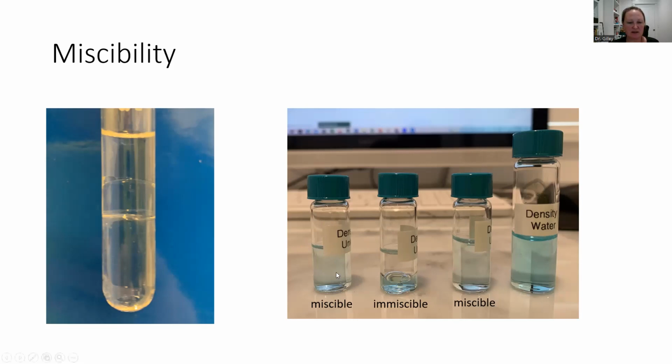And you can see that in two cases, it was miscible. Just one single layer, right? They formed a homogeneous mixture, and the color is dispersed amongst the entire solution. And in one case, it's immiscible. You can see some bubbles here, but there's clearly two layers, right?